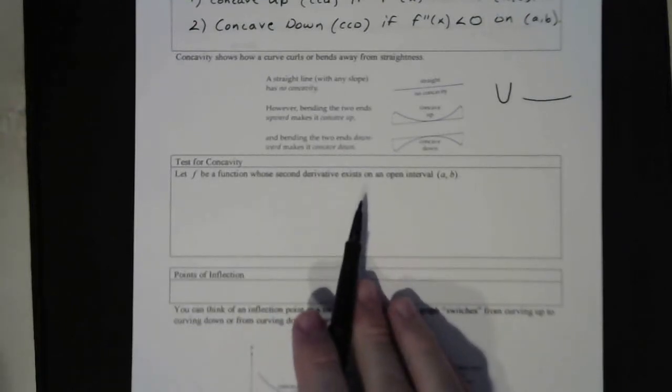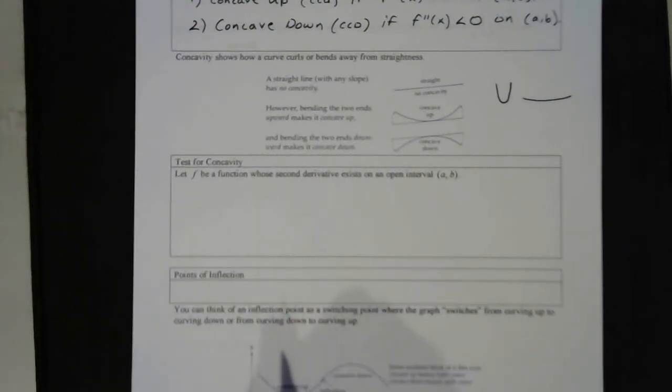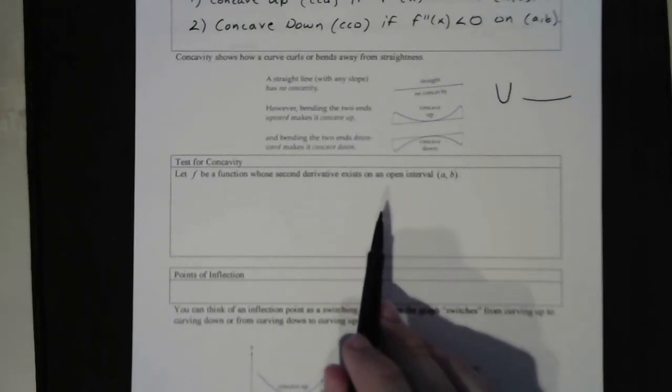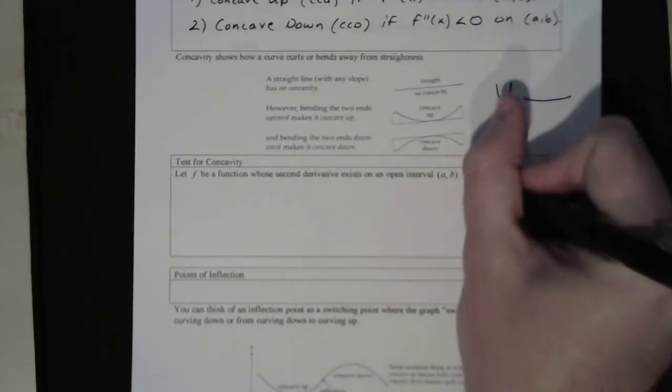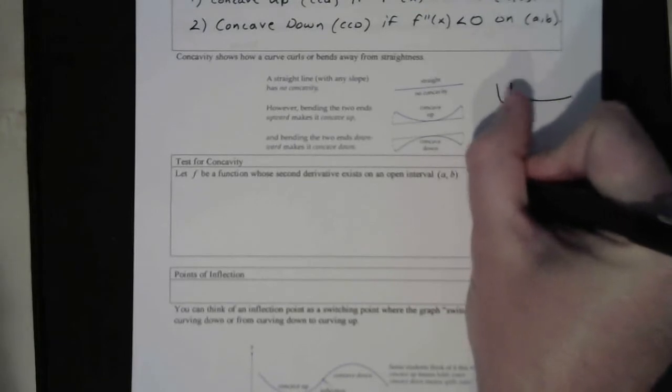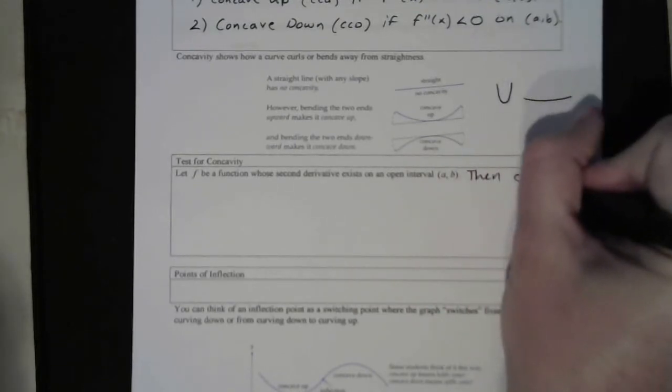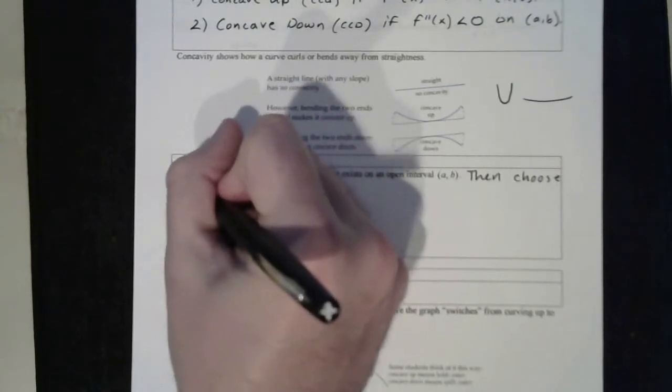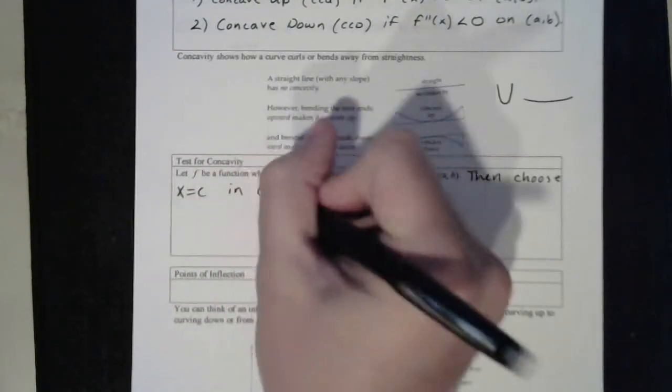So we have a test for concavity. So if we let f be a function whose second derivative exists, because we have to be able to look at its second derivative, on an open interval a to b, then we choose an x equals c in that interval a to b.